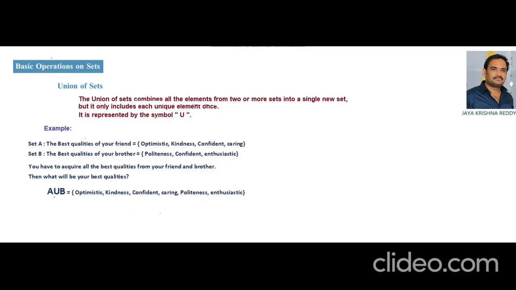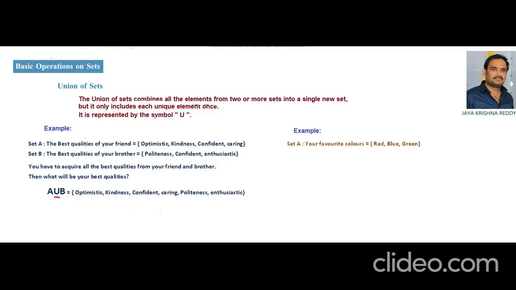A union B means combining the elements from set A and set B, but here you have to consider each unique element only once. Means you have to write the element only one time. See, confident is the quality of your brother and friend, but here in A union B we have written it only once. Let us see one more example.